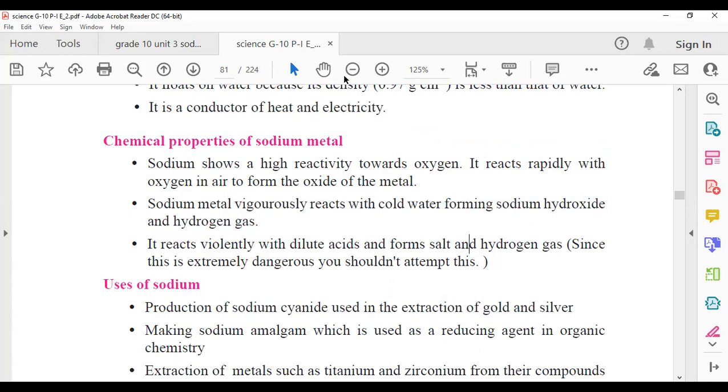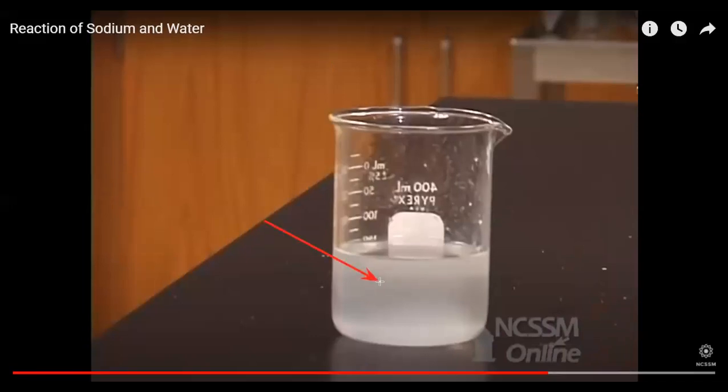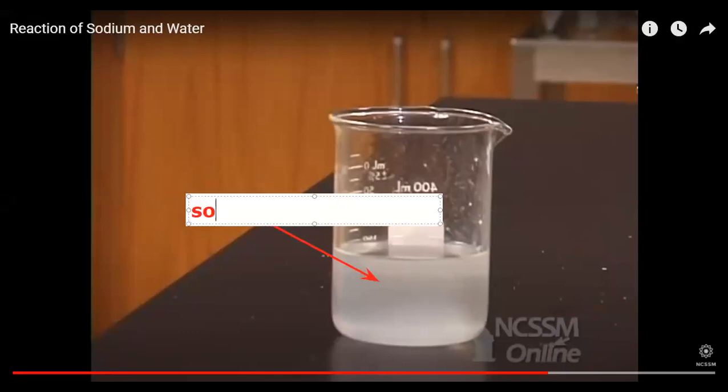Here in the reaction, after sodium reacts, what is formed here is sodium hydroxide.